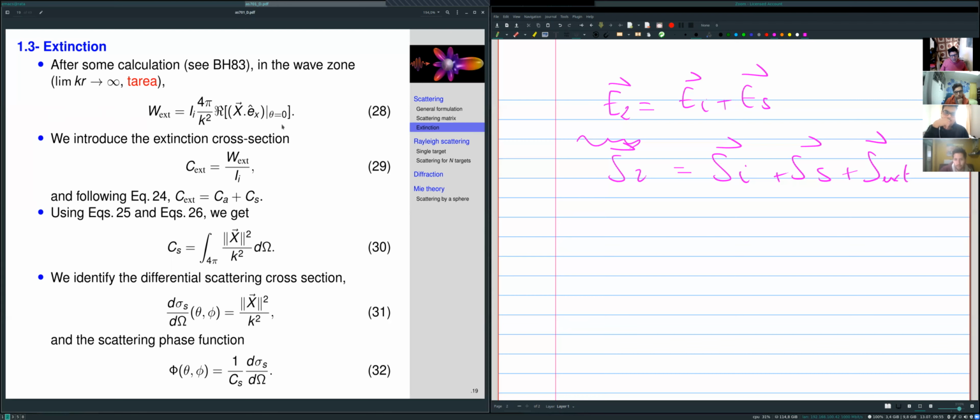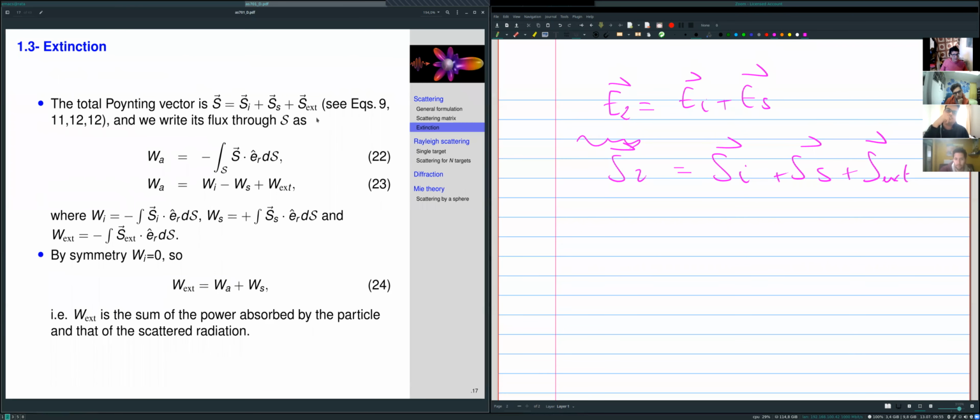It's also called, what is it? I'll mention it later on. I forgot the name. It's a theorem. So I remind you, this extinction flux is the flux of this term S extinction, which is the crosstalk between the incident and scattered fields.